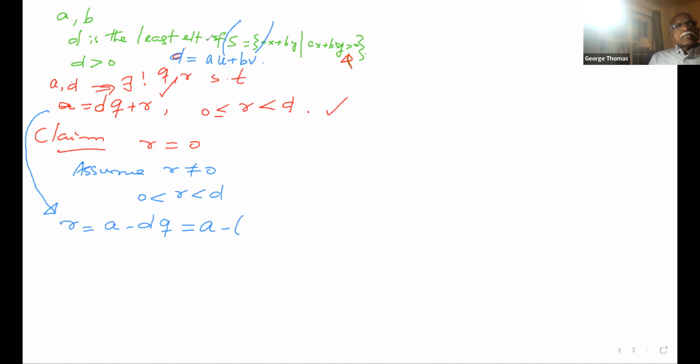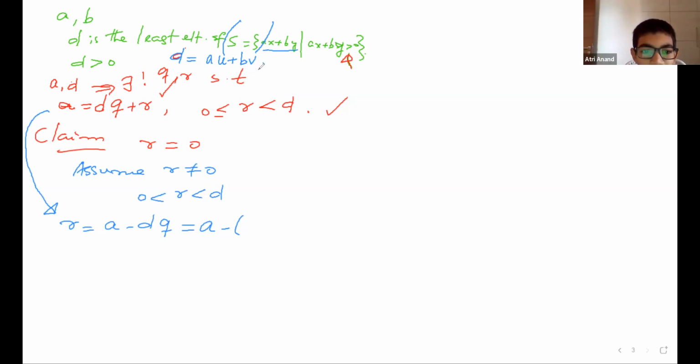Do you agree that the least element has to look like this? Yeah. So it has to be A times something plus B times something else. Agreed? What is that something? I don't know. I call it A times U plus B times V. That's a lot of variables.